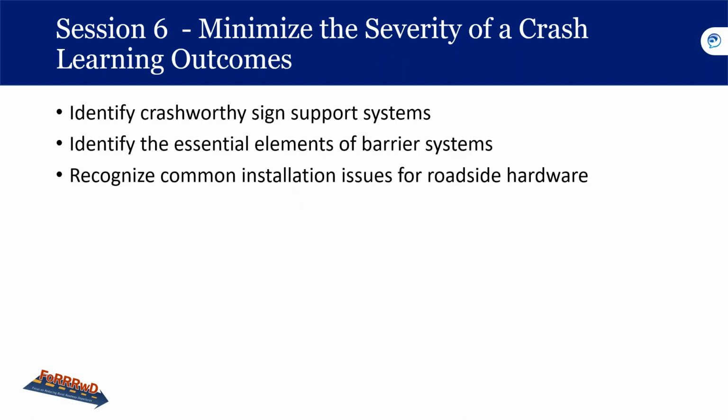So the learning outcomes for session 6 are, first of all, to identify crash-worthy sign support systems. Then we'll talk about identifying the essential elements of a barrier system. And hopefully at the end, you'll be able to recognize common installation issues for roadside hardware.